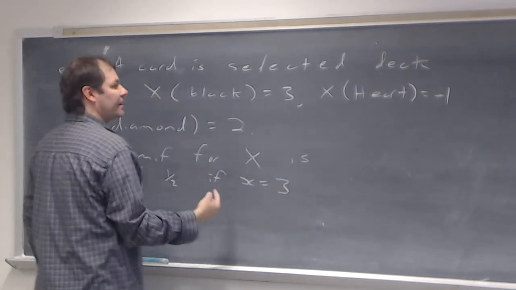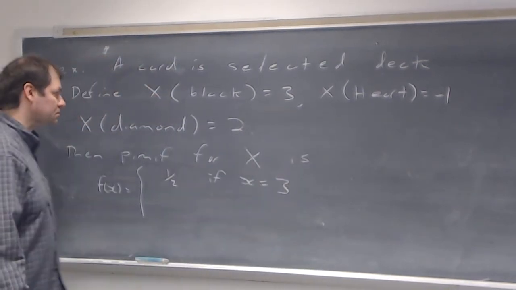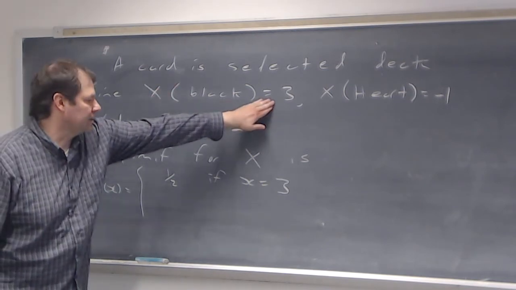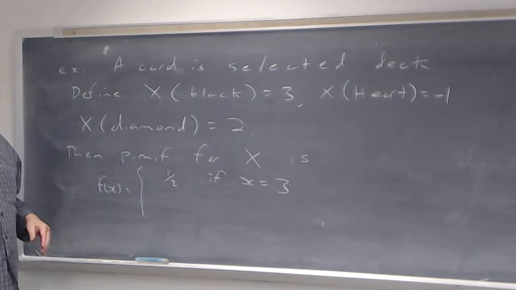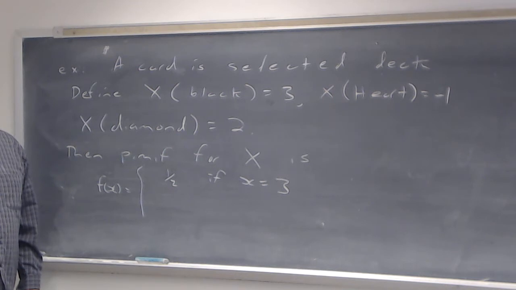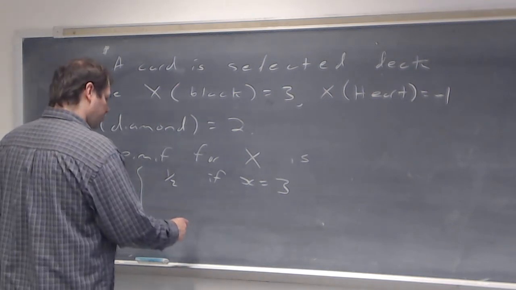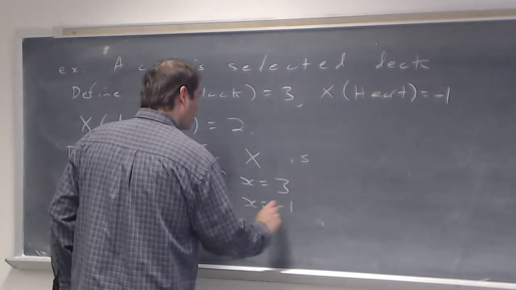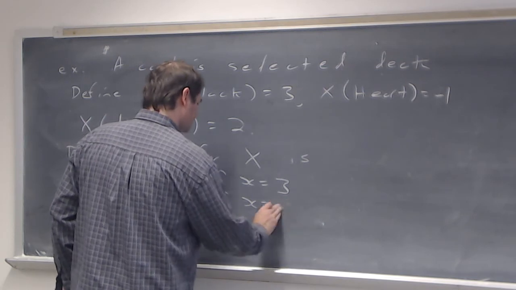The output values we have listed for x are 3, -1, and 2. To get a 3, you had to have drawn a black card. What's the chance that we drew a black card? Well, there are 26 black cards out of the deck of 52, so 26 out of 52, that's 1/2.